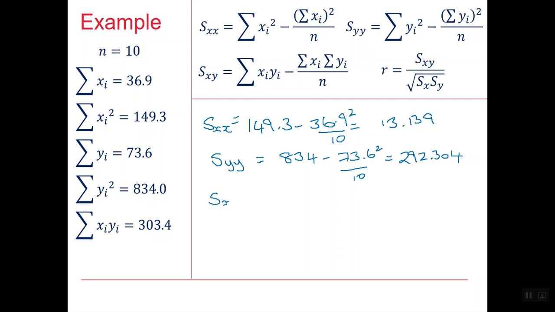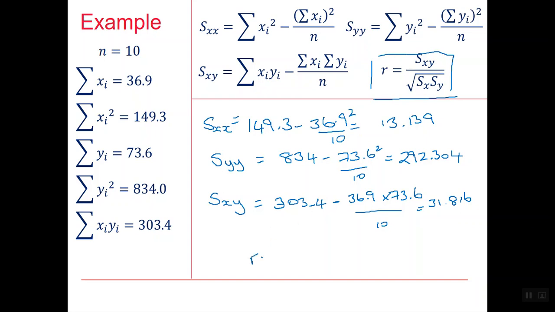And then we have SXY, which is given from this formula up here, which is 303.4, take away 36.9 times 73.6 over 10, which gives 31.816. Now we've calculated each individual part, we can use this formula here.